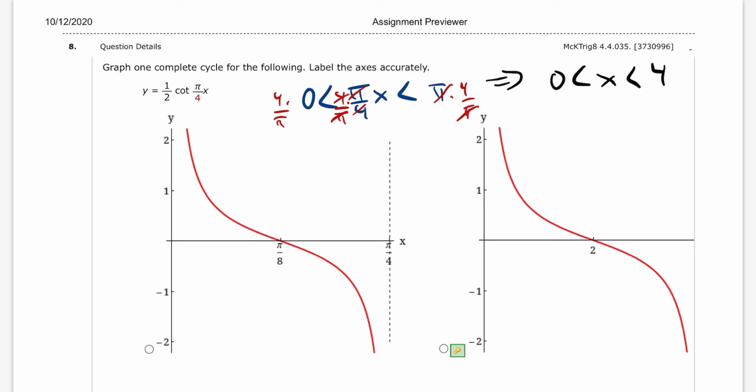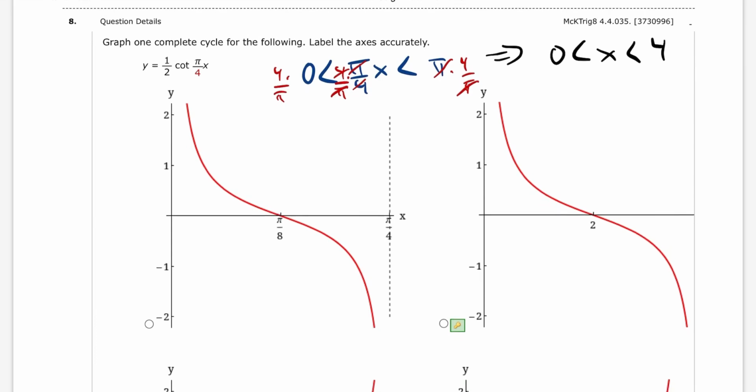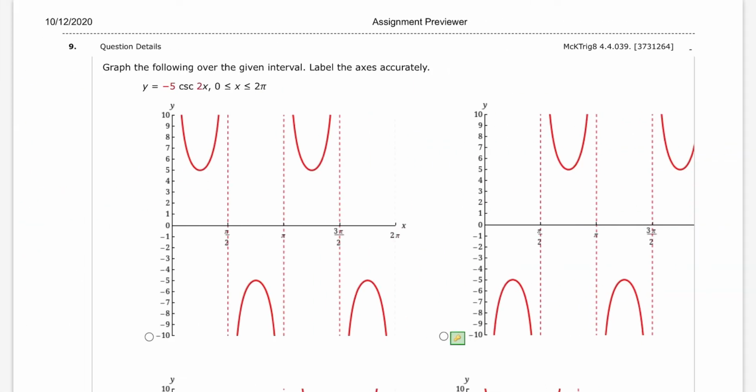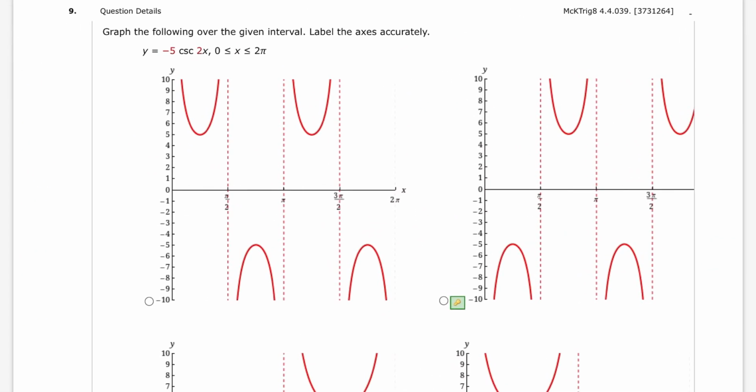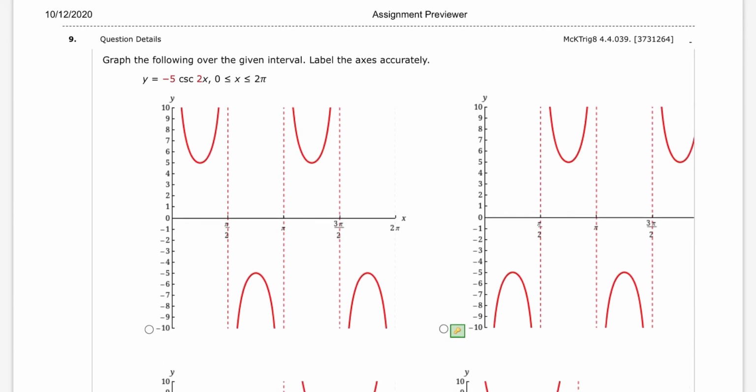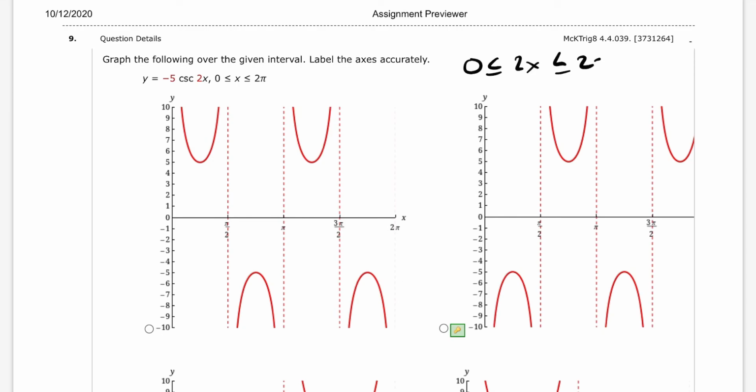All right. For cosecant, we first have to graph sine. And to do that, we place the argument between 0 and 2 pi. Divide by 2. And that's going to be 0 less than x less than pi.